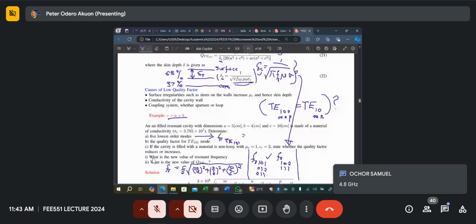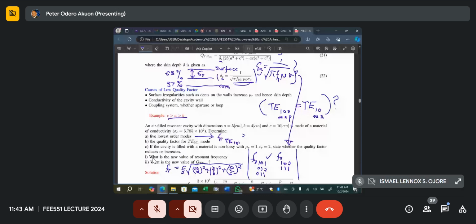If C is equal to 0, it means it's open. But these half wave variations can still exist depending on how you excite the wave. So FR for TE012, somebody? What do you get? 4.8 gigahertz. The answer is 4.8 gig.